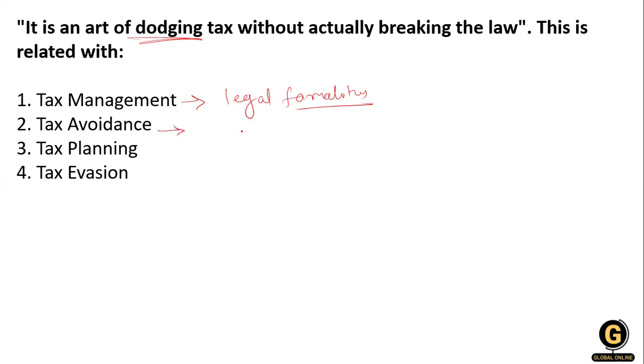Tax avoidance means we are taking advantage of the loopholes of the law to reduce our tax. So this is tax avoidance. What is tax planning? Tax planning means it's a kind of guidance in decision making.